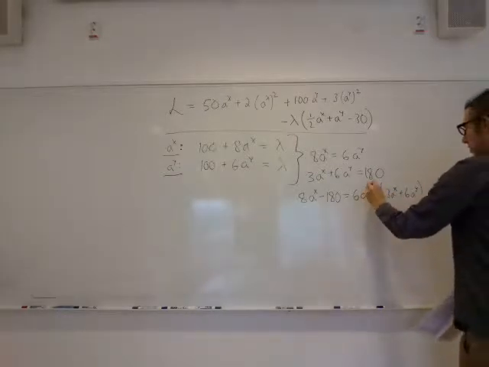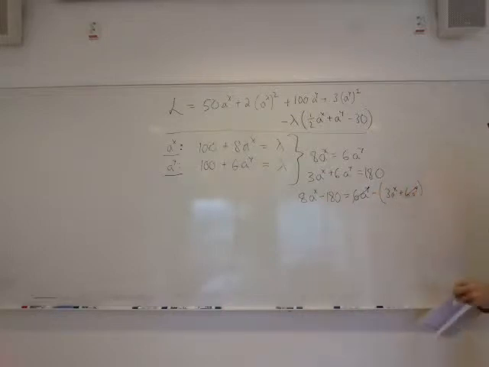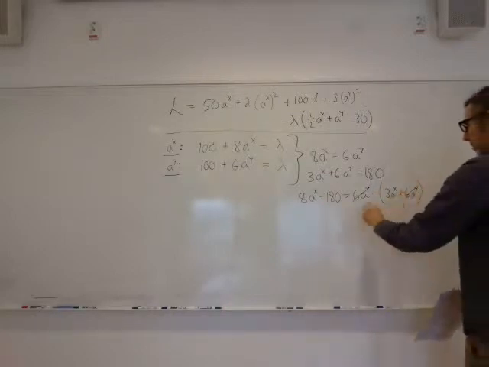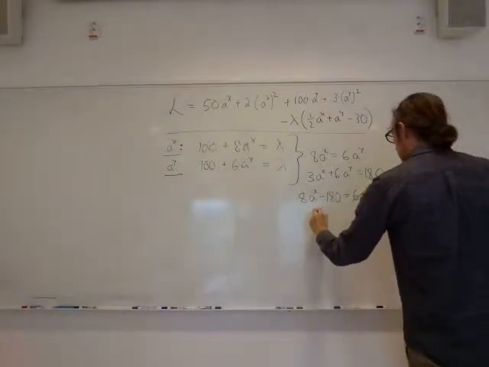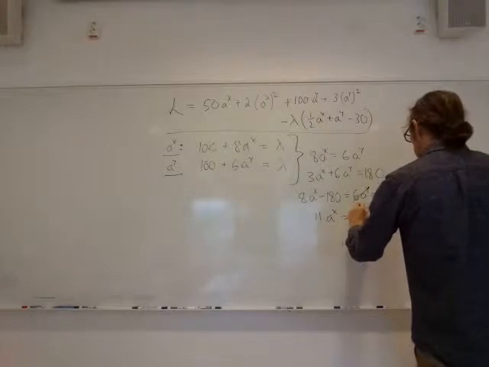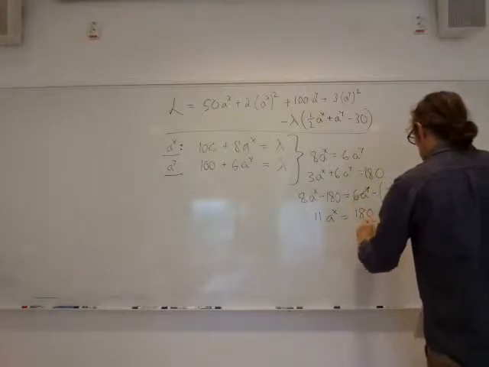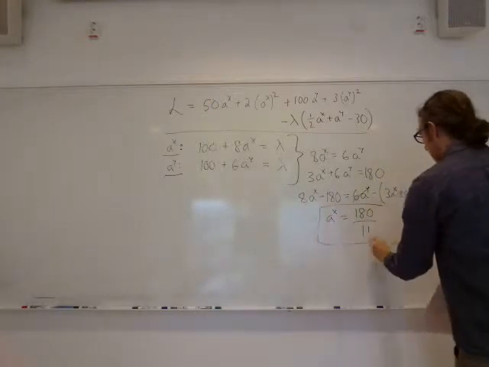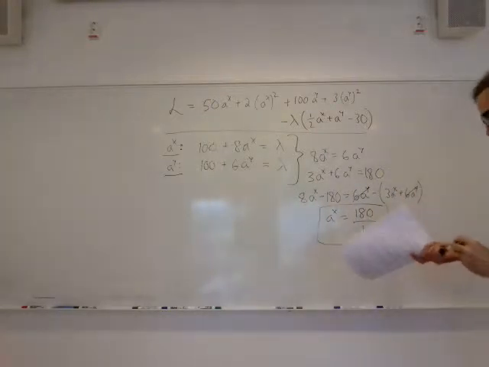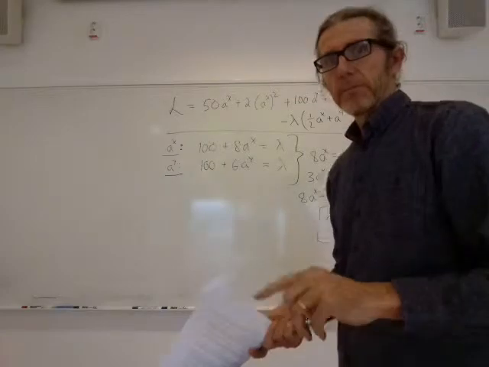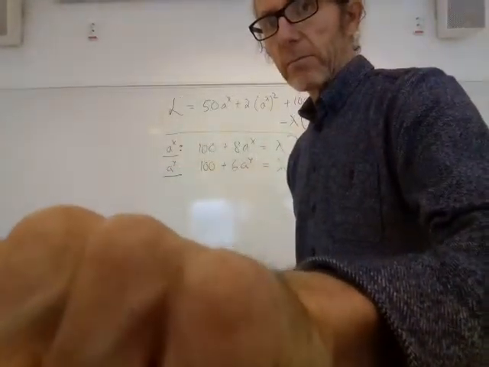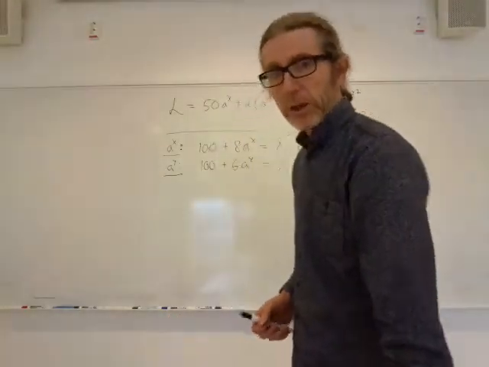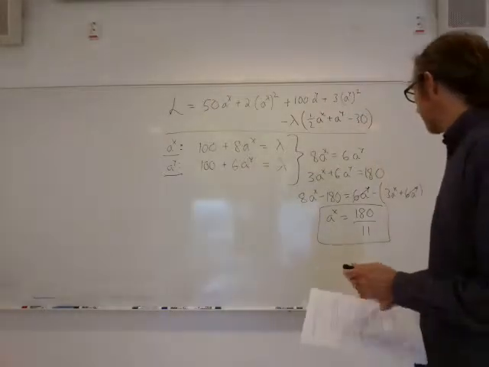Yeah, and why did I do that? To get rid of the AYs. So then we've got 11AX equals 180. AX is 180 divided by 11. Let me just check. Yep, so that's looking good. I just checked my crib sheet.